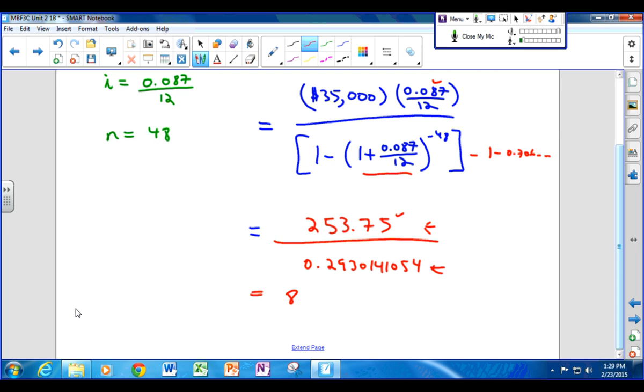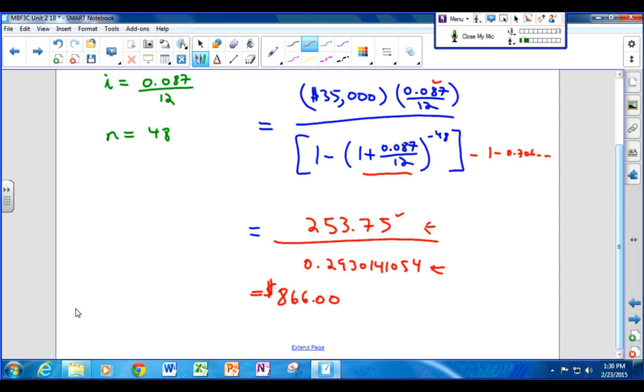And I got 865.999, which rounds to 866.00. I think they got something slightly different, but sort of equivalent. Let's try rounding again. I got 866.00. So that did work out too, exactly.